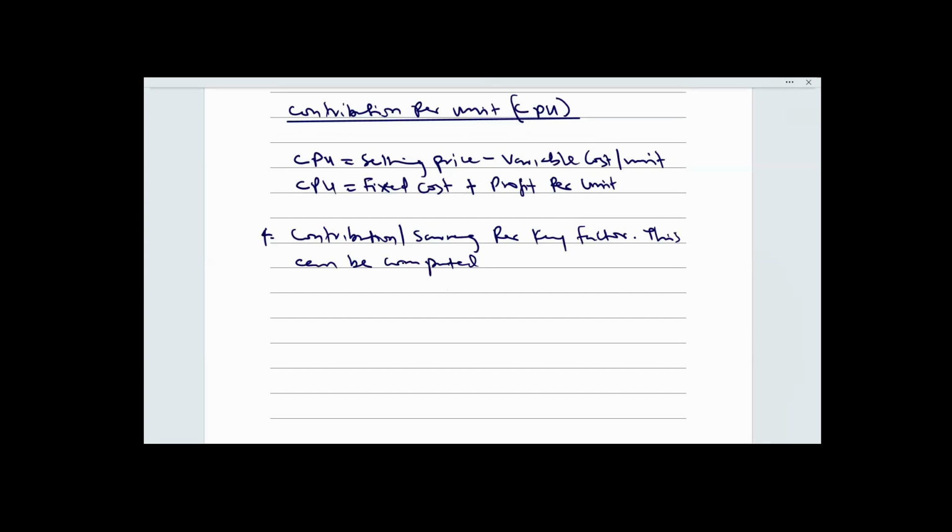Okay, let me do calculate. I did not even write it properly. Okay, calculate contribution or savings per key factor.